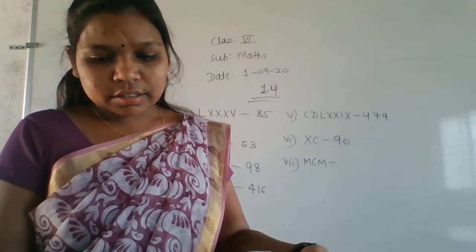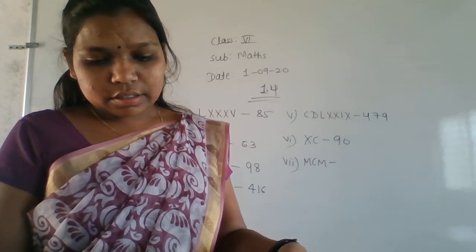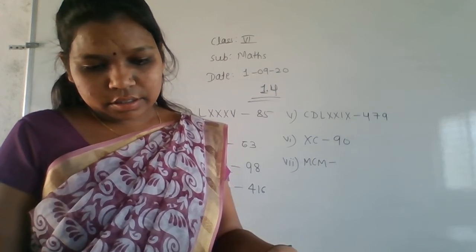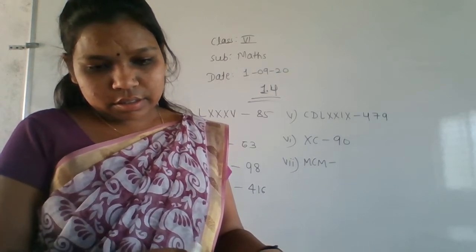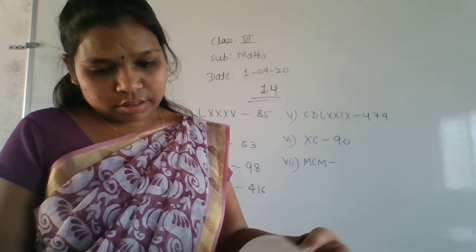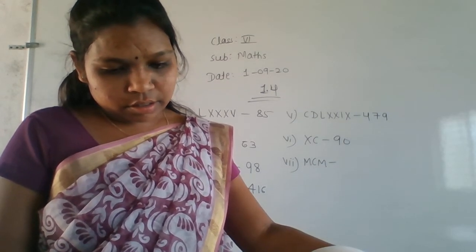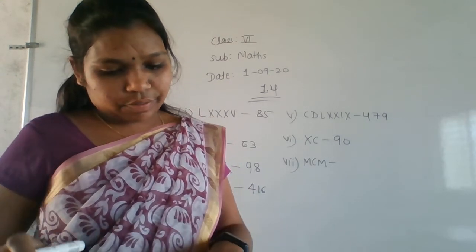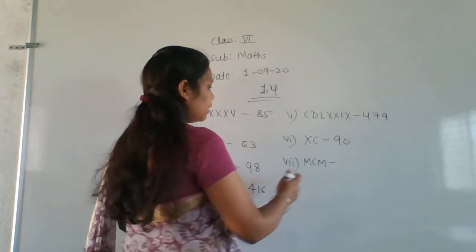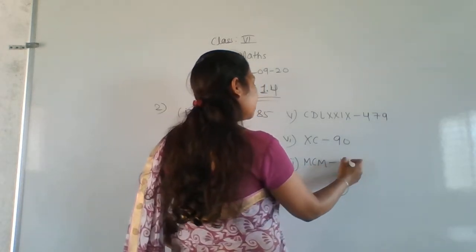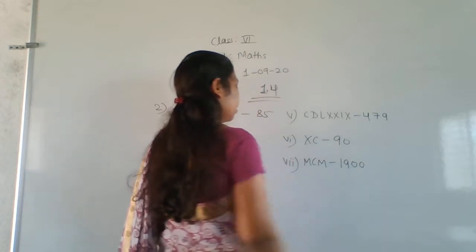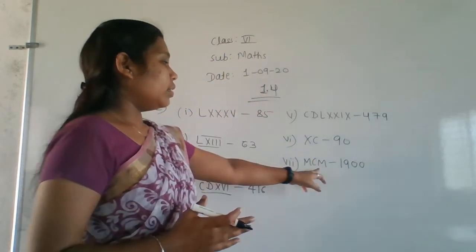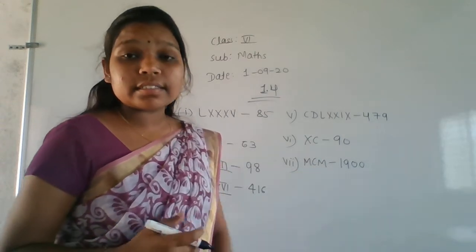Okay, fine. M means 1000, CM means 900. So if we write a C before the M, then it means 900.